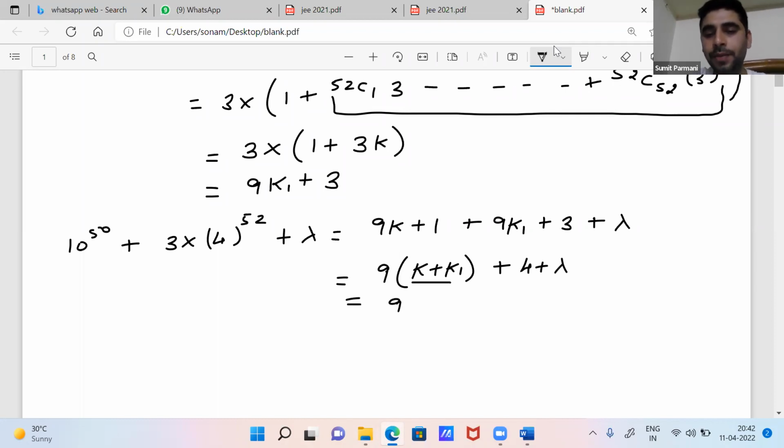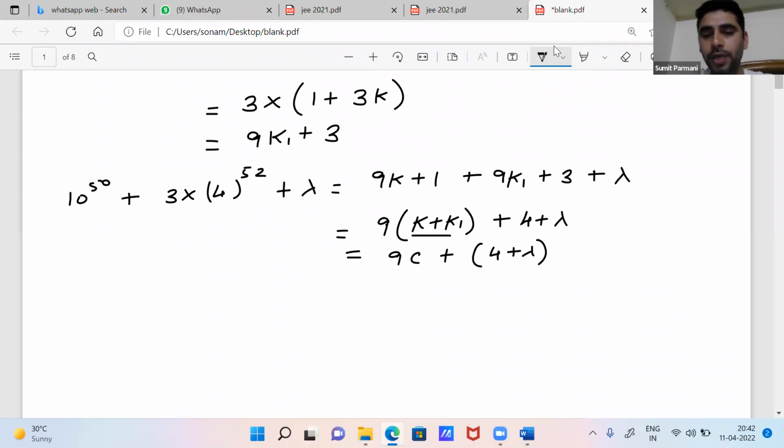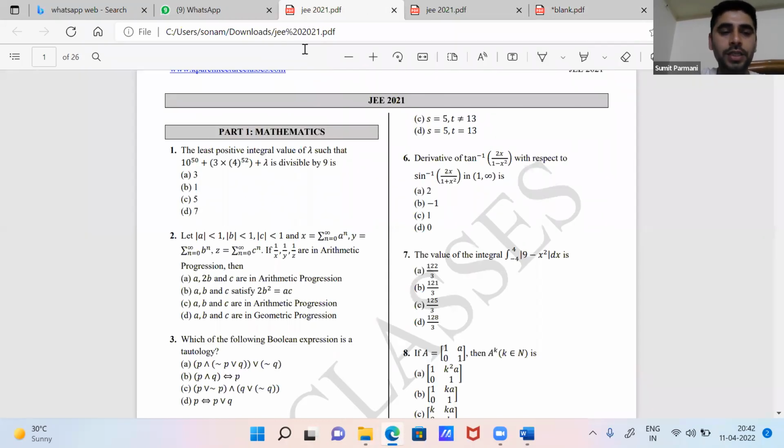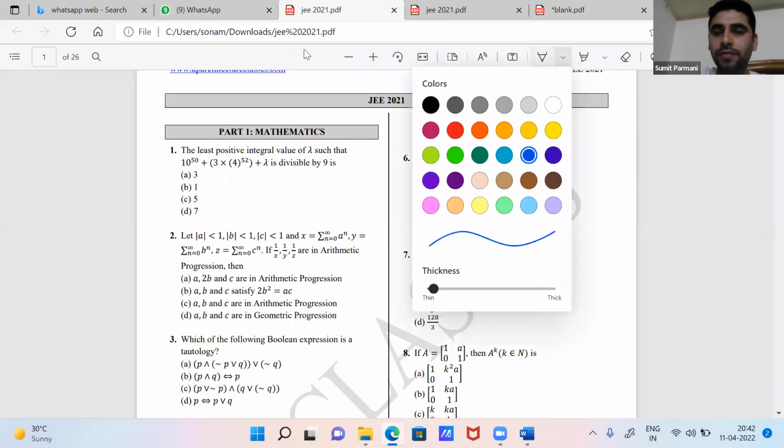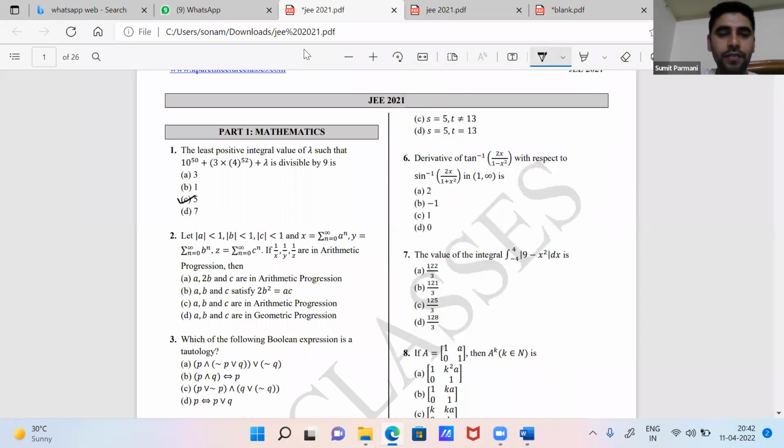So this is 9c plus 4 plus lambda. Now for this complete number to be divisible by 9, 4 plus lambda should be equal to 9. From here we can write the value of lambda is 5. So the answer for the first one is 5.